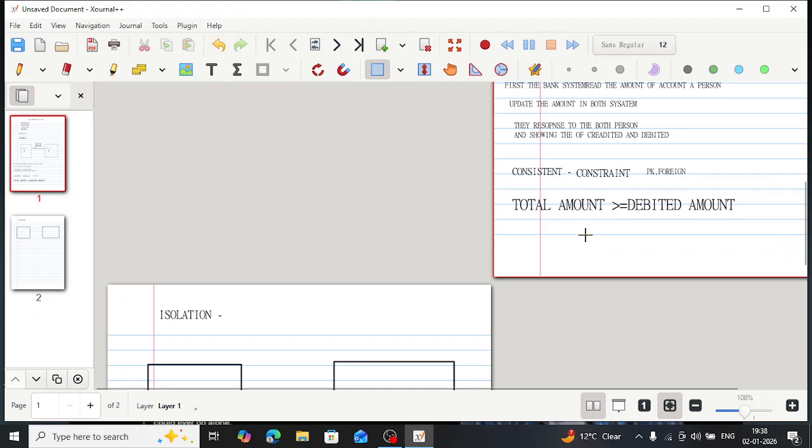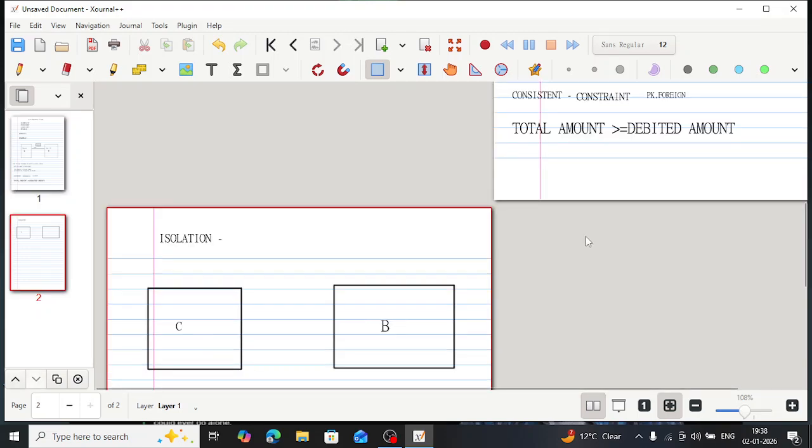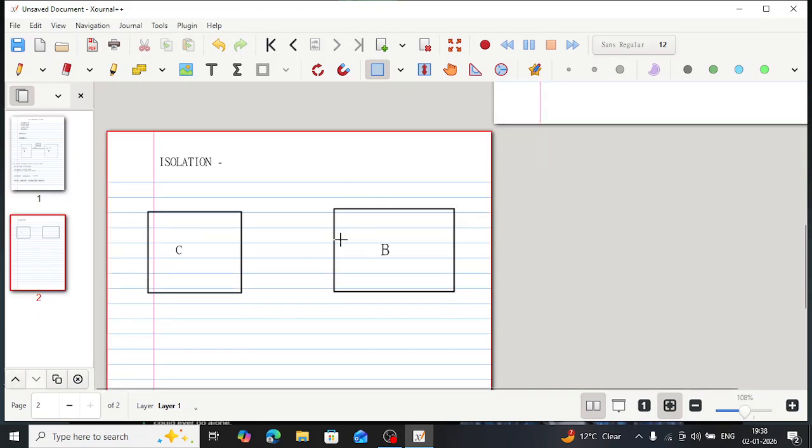If the information is mismatched, then the process will not work accurately. So that is the operation handled by the isolation property. I think this is clear to all of you.